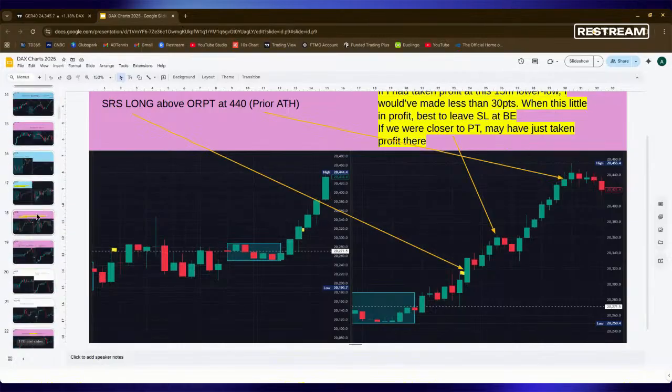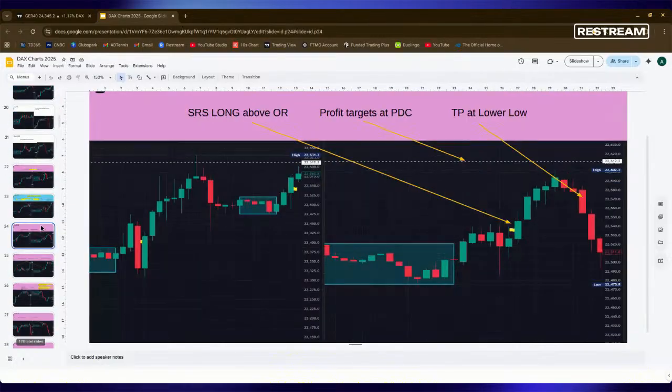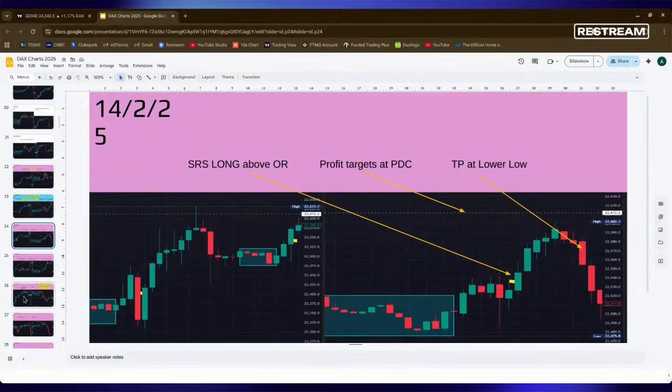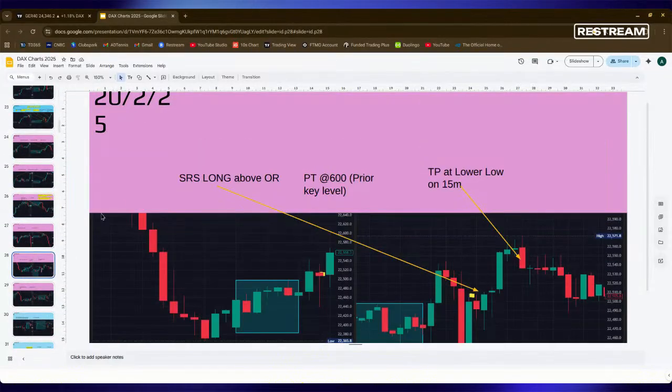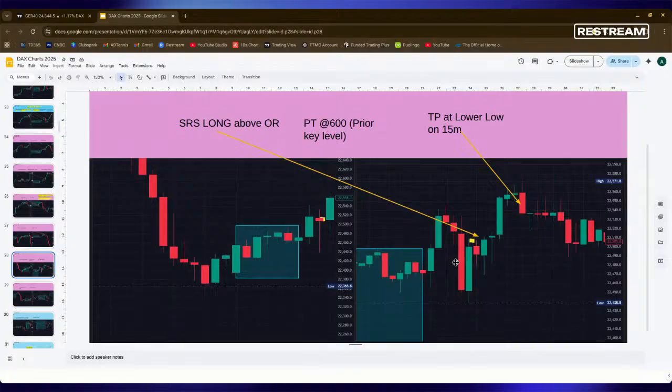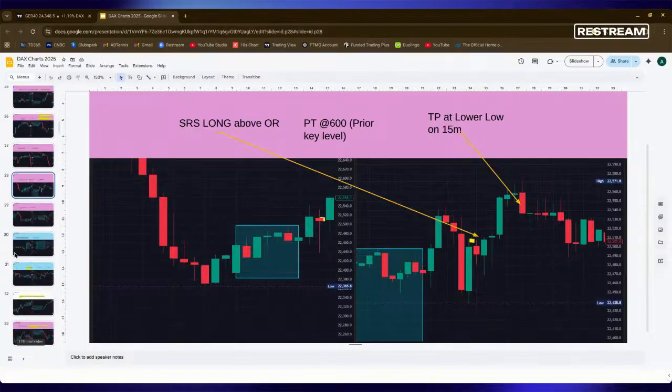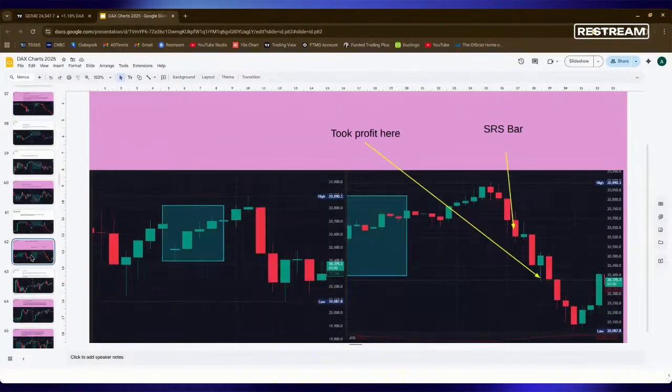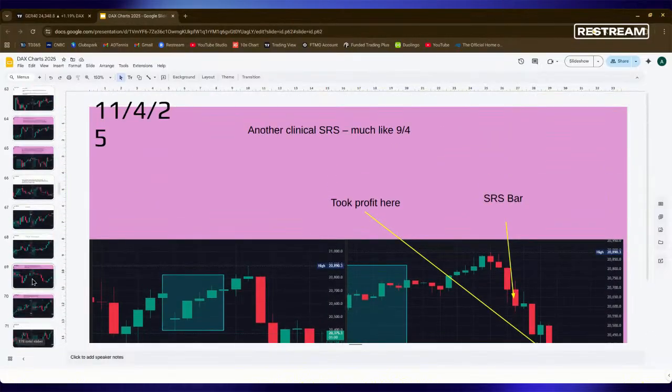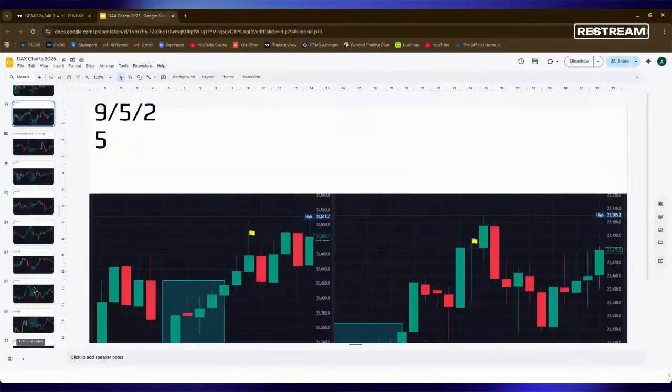The next time was the 20th of February. Here we go. Red bar, green bar, and then a push to the upside. Took a little while to get going. Then it's the 18th of June.